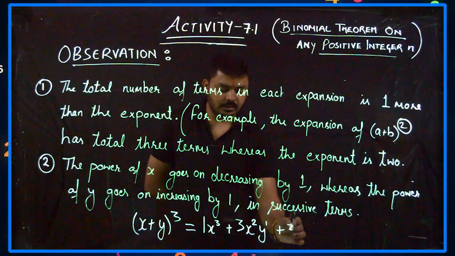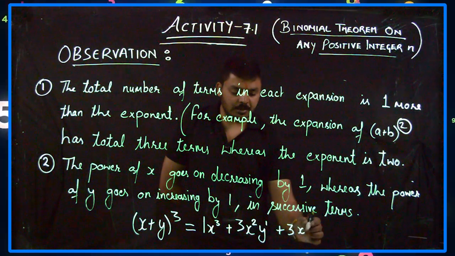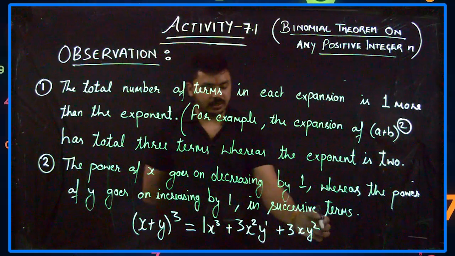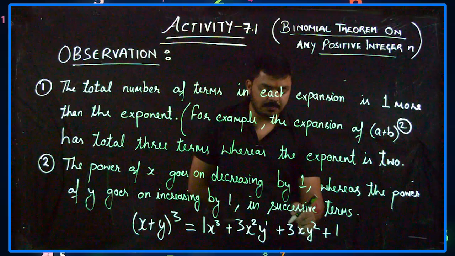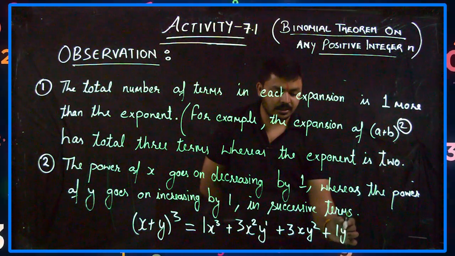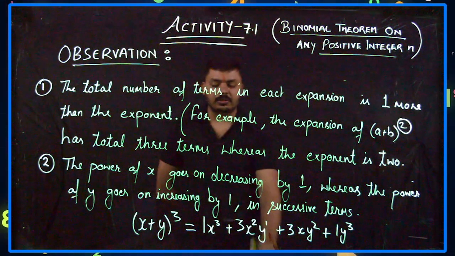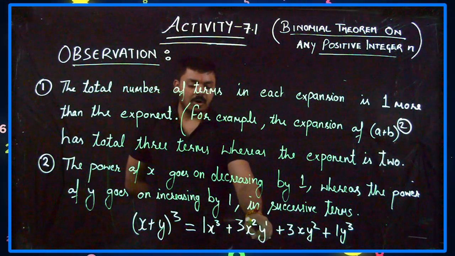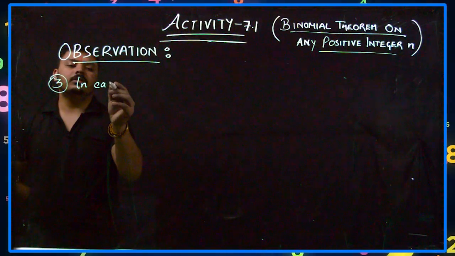The next term, coefficient is 3, the power of x decreases by 1 and the power of y increases by 1, that becomes xy square, and the next term, the coefficient is 1 and the x power becomes 0, so x to the power 0 is 1 and y is increased by 1, so it becomes 1y cube. So in the successive terms, this rule applies that power of x goes on decreasing and the power of y goes on increasing.